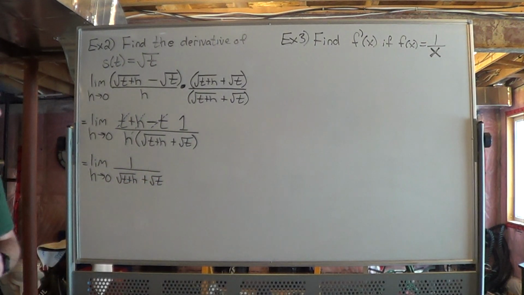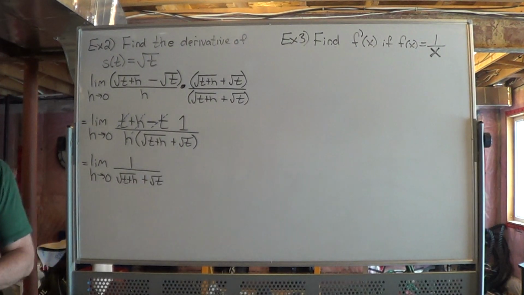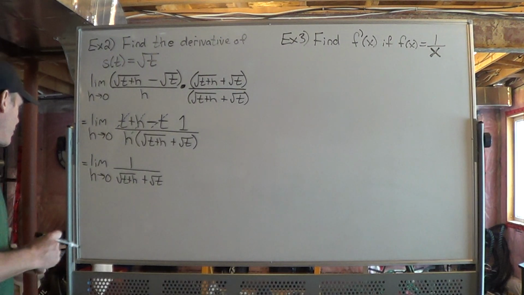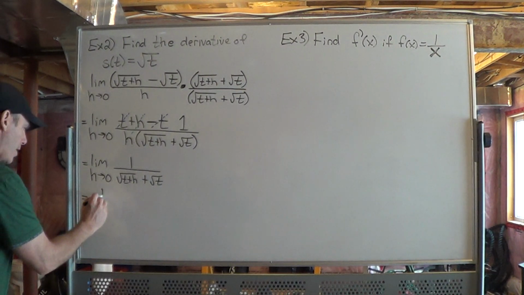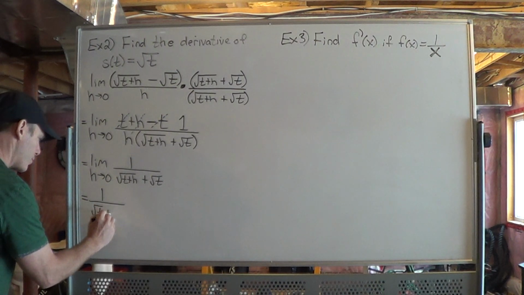And now what we have here is I can plug in a 0 for h, because that will not make my denominator equal to 0. And so I end up with 1 divided by the square root of t plus the square root of t.